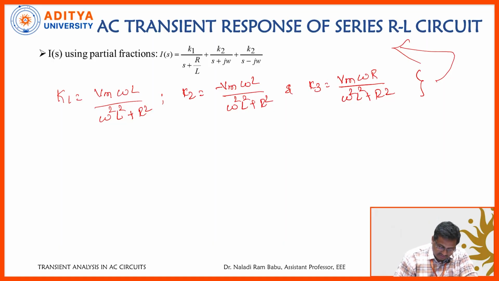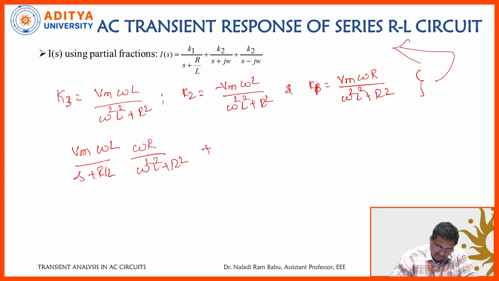See, Vm omega L by S plus R by L into, this one is K1 and this one is K3. Okay, here it will be omega R by omega square L square plus R square.